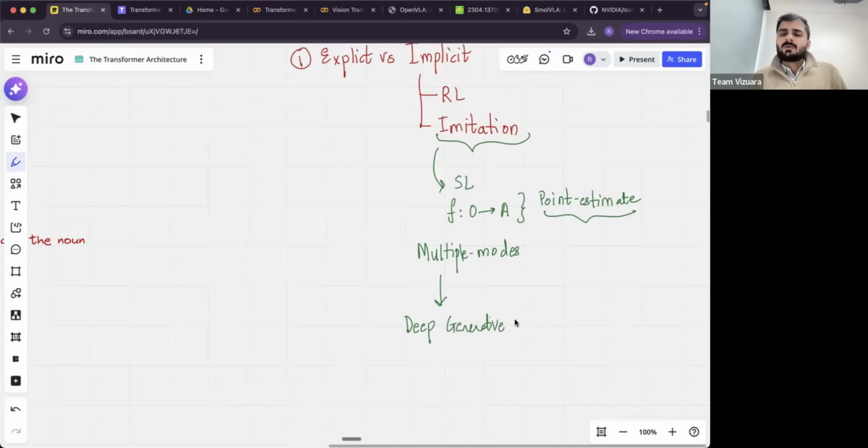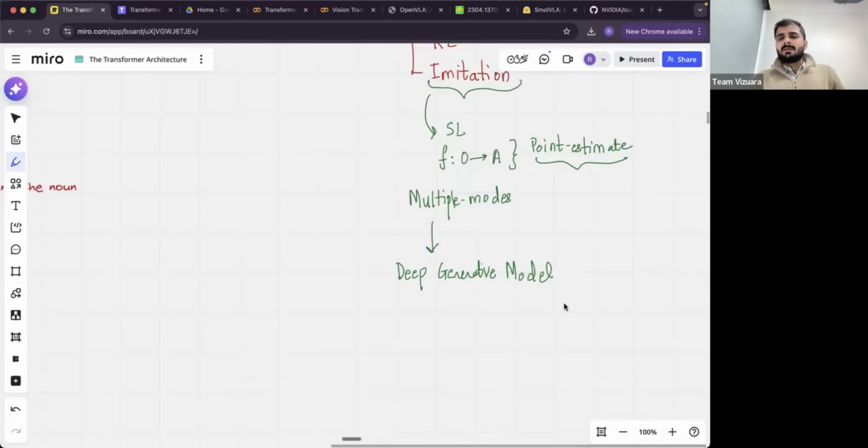What deep generative models do is very interesting. They do not predict one single action for every observation, but rather they predict the probability distribution of all possible actions for every observation.